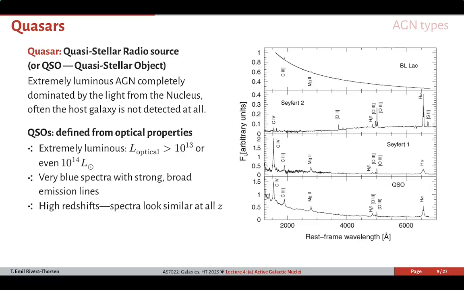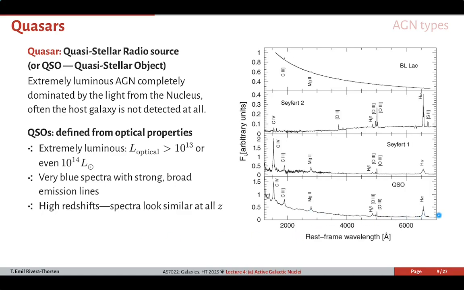They are also extremely luminous, can in the optical be 10 to the 13 or even 10 to the 14 solar luminosities, which means that they can completely outshine their host galaxy to an extent where the host galaxy is not even visible to us, because it is simply drowning in the diffraction patterns of the point source in the center. These also have very blue spectra with strong and broad emission lines.